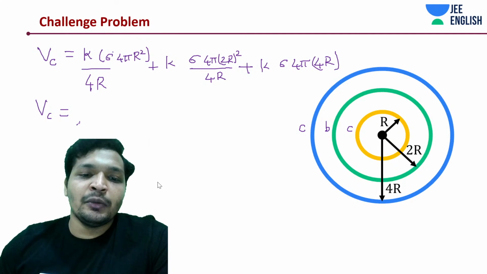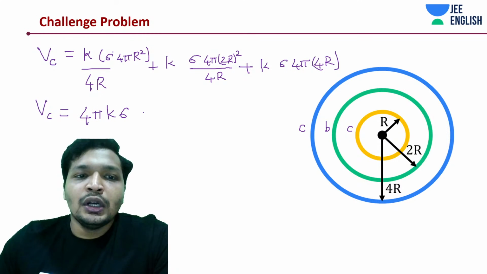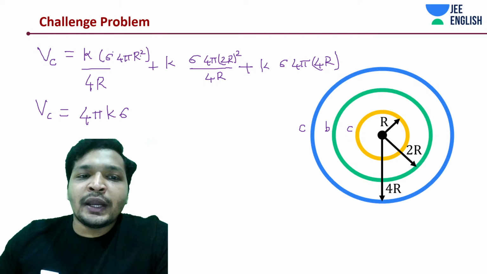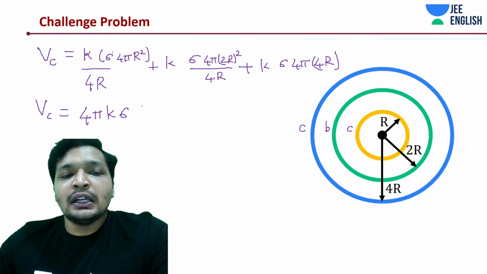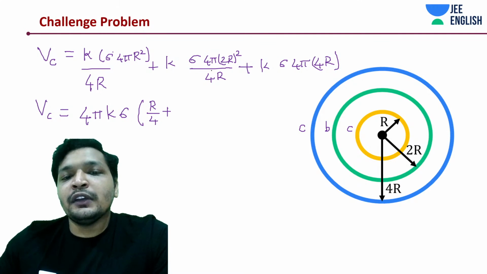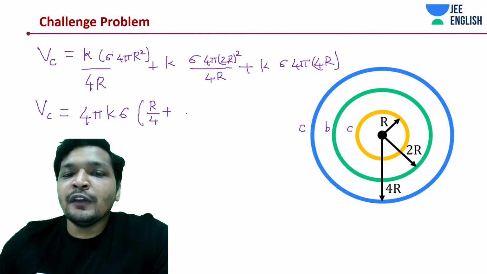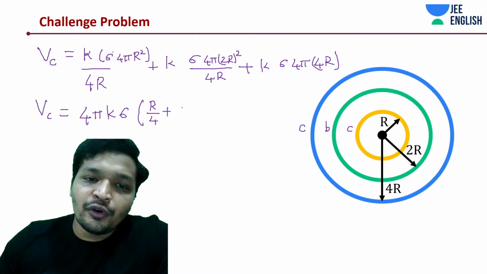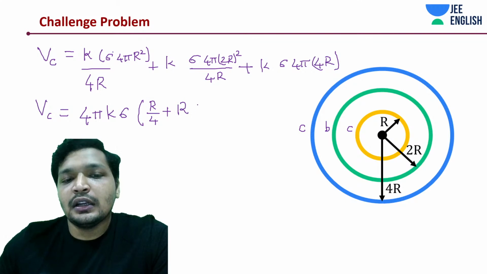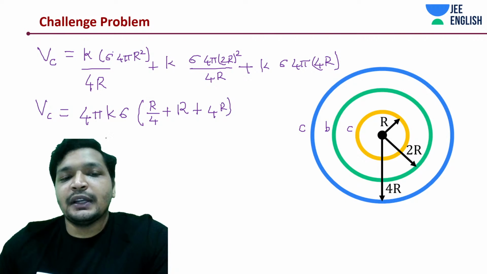Alright, this is going to be how much? 4 pi K into sigma into R square divided by 4R. It's going to be R by 4. And here it is going to be 2R square divided by 4R. It's going to be 4R square divided by 4R. It's going to be R. And then here it is going to be just 4R. We have already derived it. Just keep it as it is.